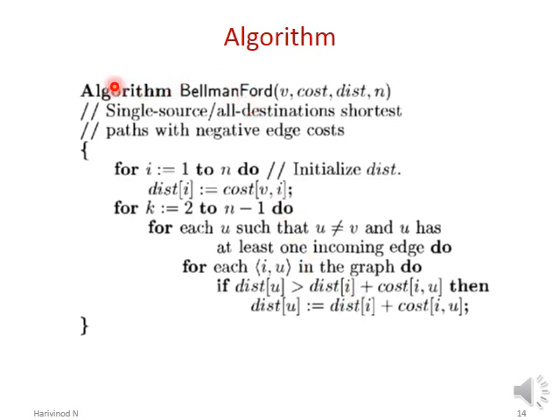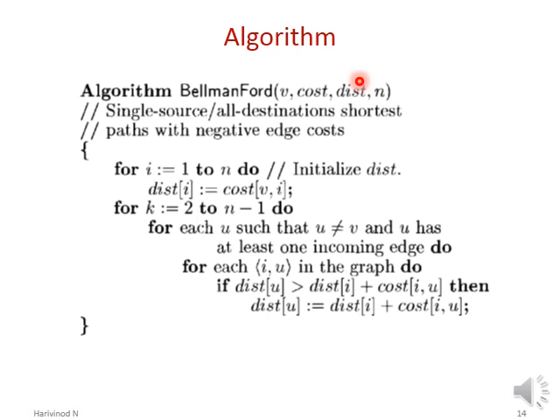This is the statement of the Bellman-Ford algorithm. V is the source vertex, cost is the cost matrix or weighted matrix, positive and negative values are allowed. Dist is the output which gives the shortest distance from V to all other vertices.